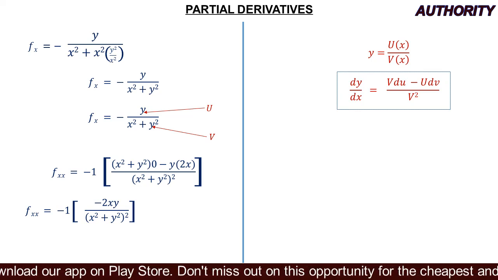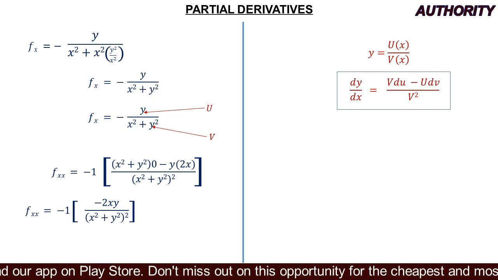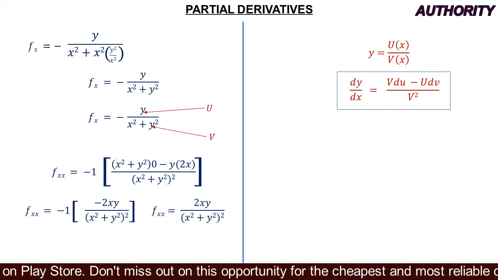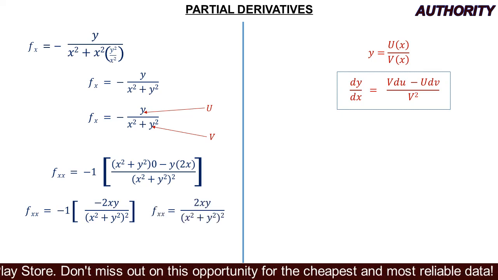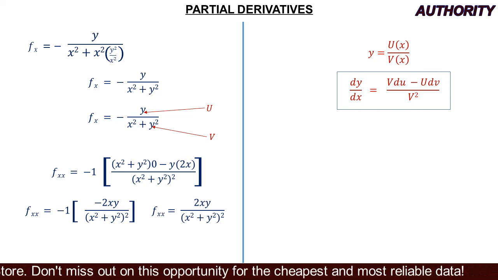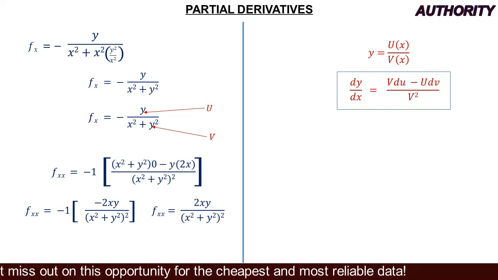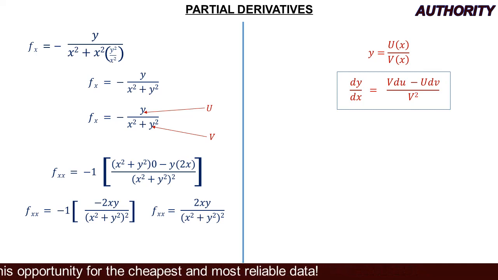So therefore, the second partial derivative of f with respect to x is giving us 2xy all over x squared plus y squared in bracket squared. Are we together?